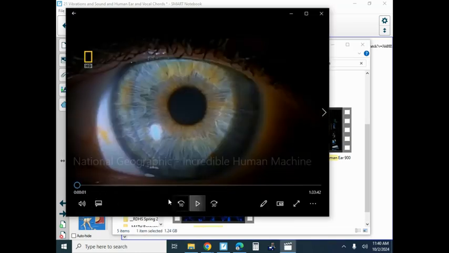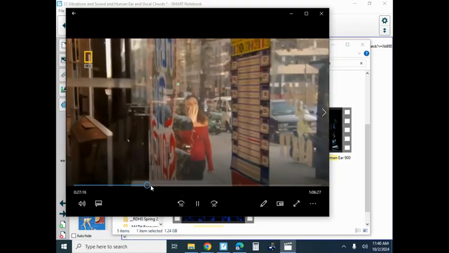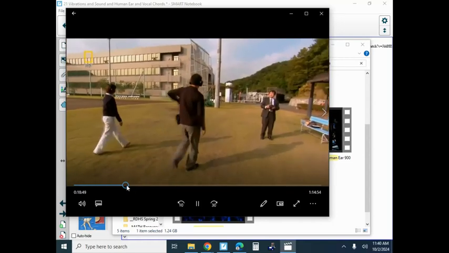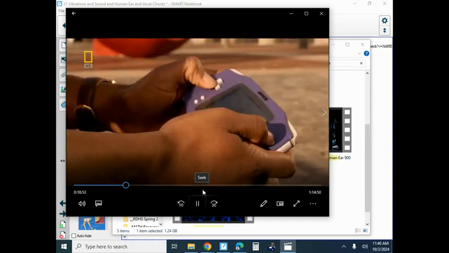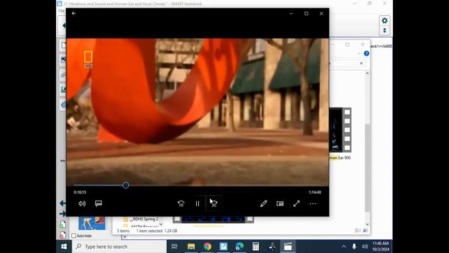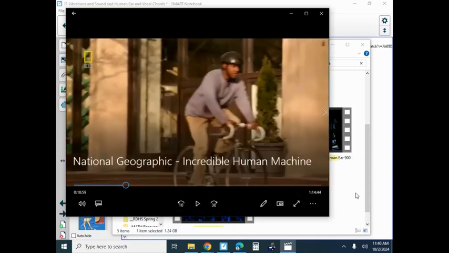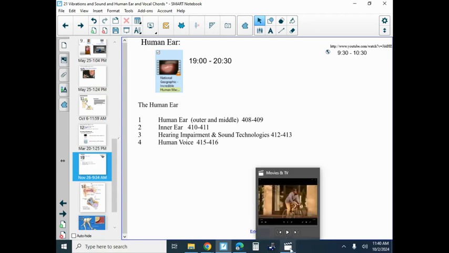Gives me a chance to not publish it. So I need to go to 19. Was it? There we go. So at 19, they start talking about sound. And so 19 to 20:30, a minute and a half or so.